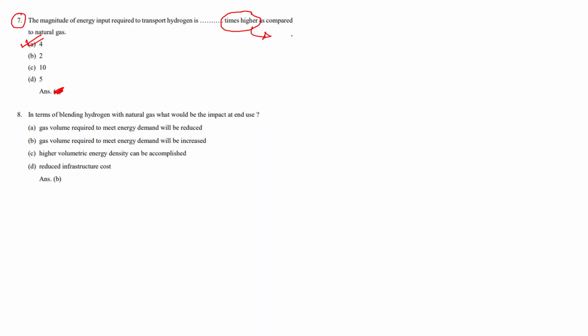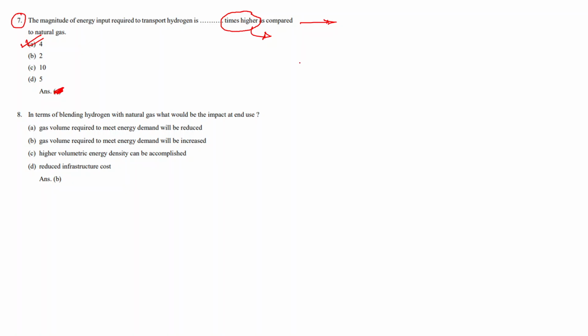Anyone of you can answer why it is higher? The question may also ask whether it is lower. If I say it is lower, that is wrong. Why is it higher? A student answers: small molecule, safety reasons, leakage problems, cost is more. Yes, but the magnitude of energy input required, that means, it is very light.